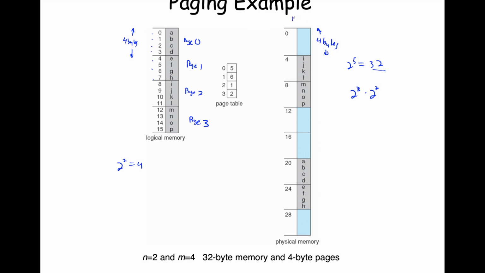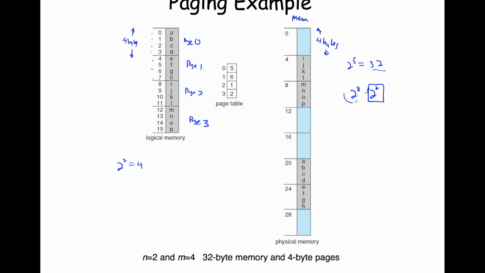So this is our main memory, and these are our page frames. So we have 4 byte frames. That accounts for these 2 to the 2 for our offset, because the offsets are the same, because the page size is the same as the frame size.